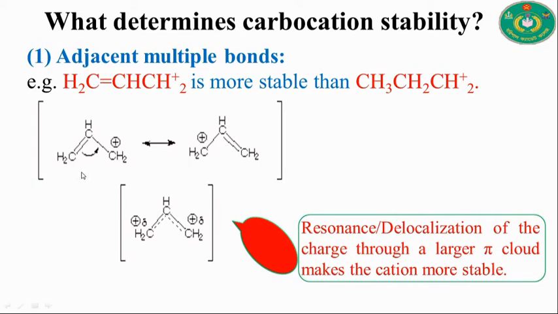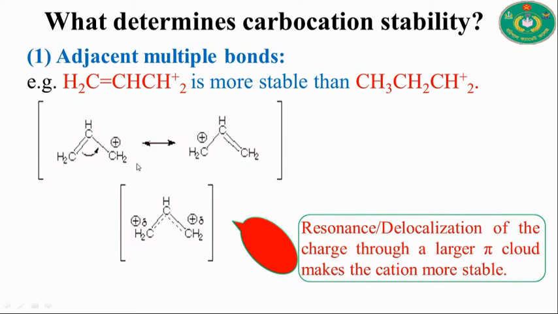Here you see that this is the pi bond which is shifted to the positive charge, so this positive charge is neutralized easily and creates a new pi bond here, and after movement of this pi electron a positive charge is created here, and in this way two configurations are possible.